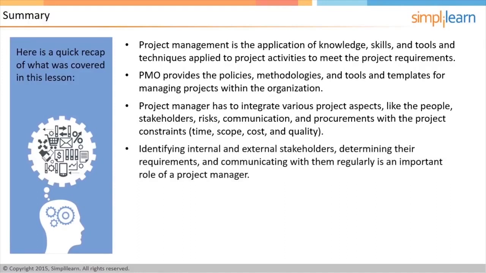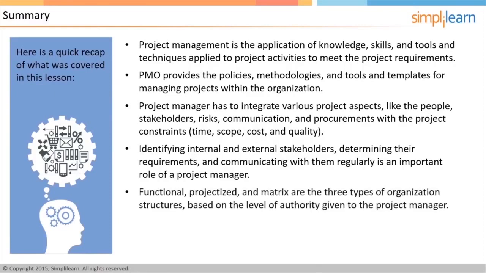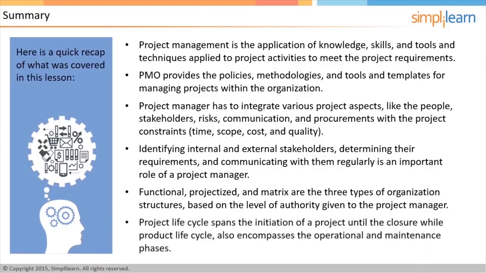Identifying internal and external stakeholders, determining their requirements, and communicating with them regularly is an important role of a project manager. Functional, projectized, and matrix are the three types of organization structures based on the level of authority given to the project manager. Project lifecycle spans the initiation of a project until the closure, while product lifecycle also encompasses the operational and maintenance phases.